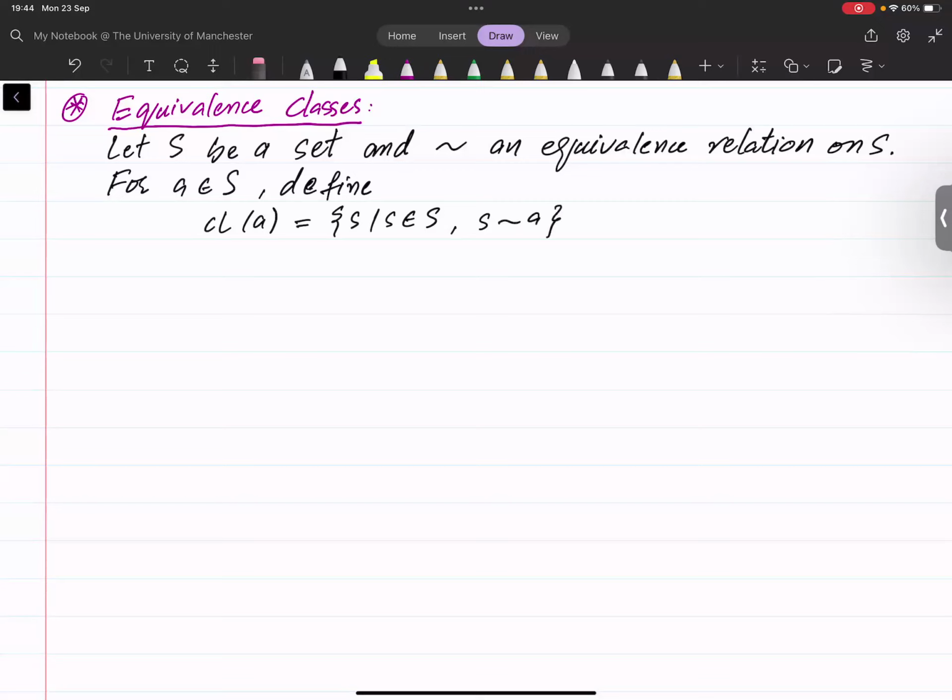So the class of a contains all those elements from the set S which are related by this equivalence relation to a.